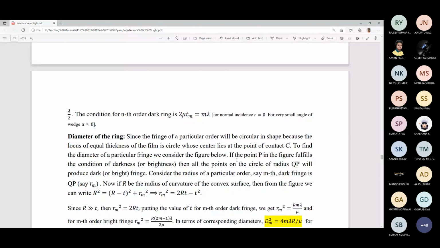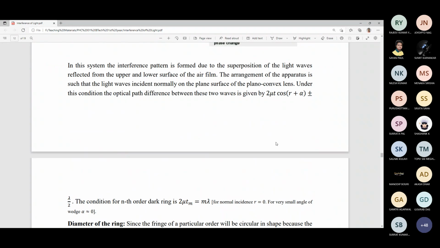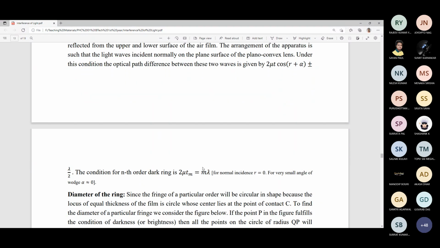This is the condition of minima. And here the factor is cos of r plus alpha. Here r equal to 0, and for a small angle of wedge, alpha is nearly equal to 0. So this quantity gives you 1, right? So twice mu t plus minus lambda by 2 is the total path difference.